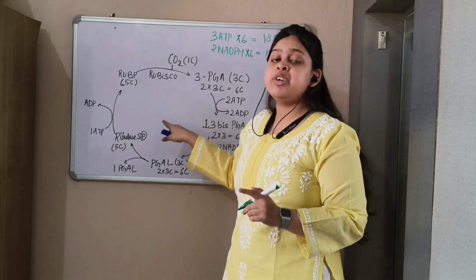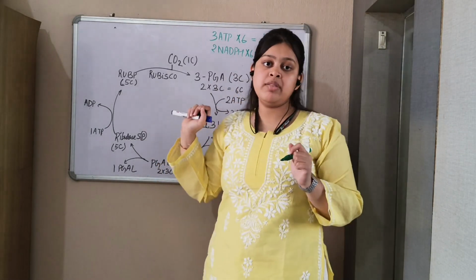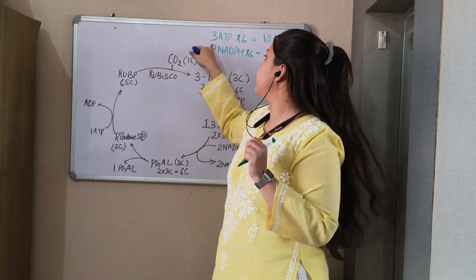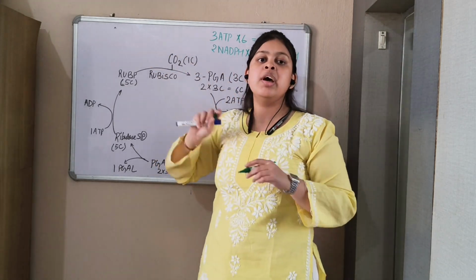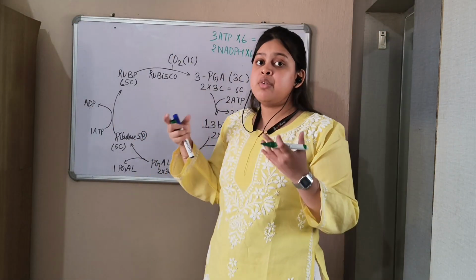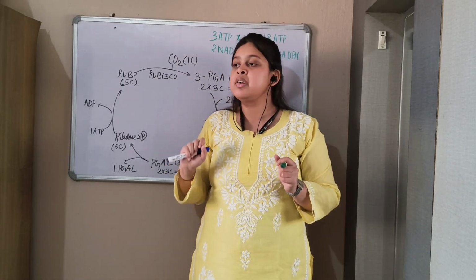So for one CO2 molecule we require 3 ATP and 2 NADPH, and for the entire formation of one glucose molecule, 18 ATP and 12 NADPH are required.